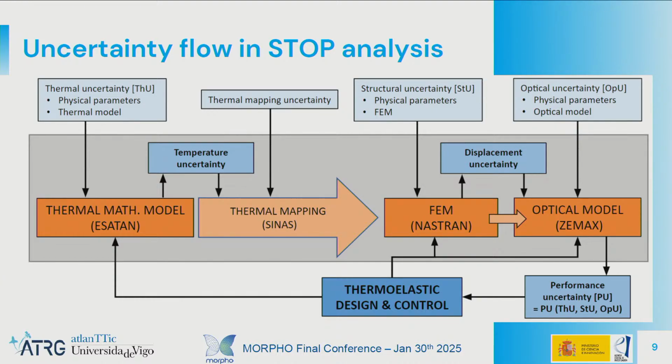Okay, and in this project we would stop here, but actually we are working on another project with the European Space Agency in which we work on this last bit, which is the optical uncertainties. So we can go directly to the wavefront error or other figures of merit from the optical system.